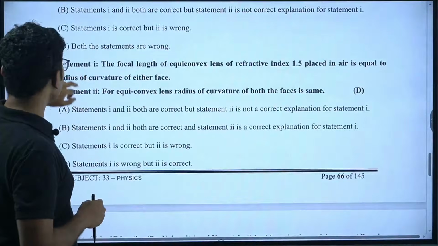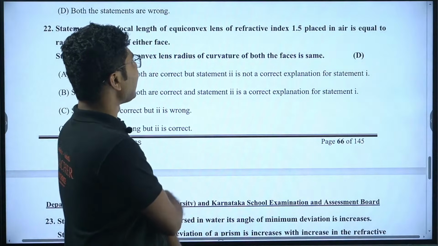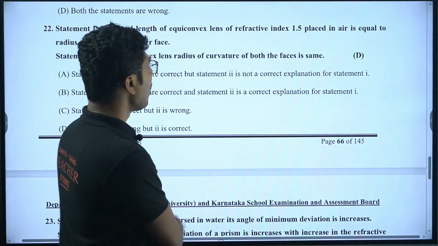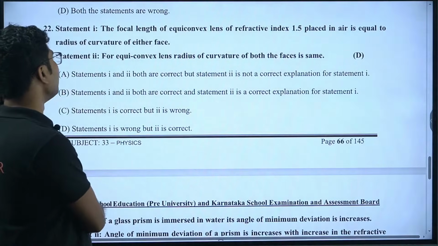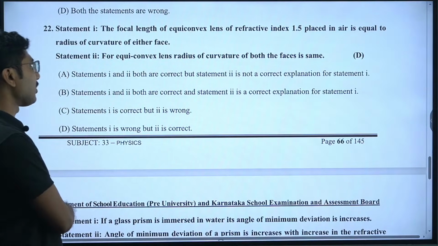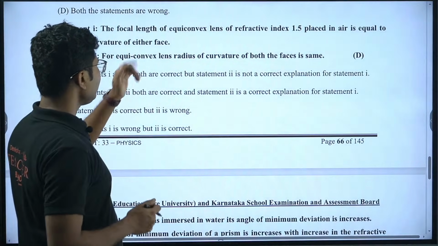Now again question 22, a statement based question. The focal length of an equiconvex lens of refractive index 1.5 placed in air is equal to the radius of curvature of either face. Let me understand.